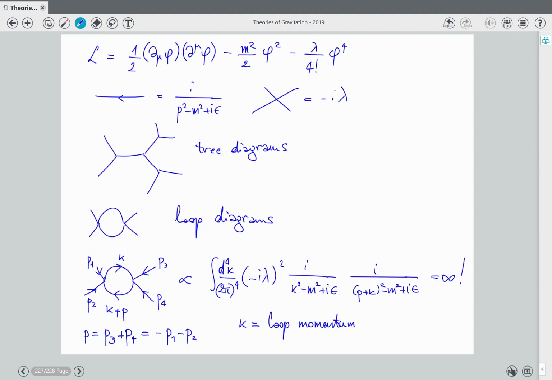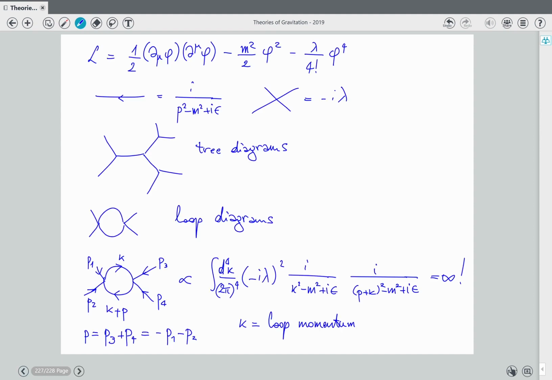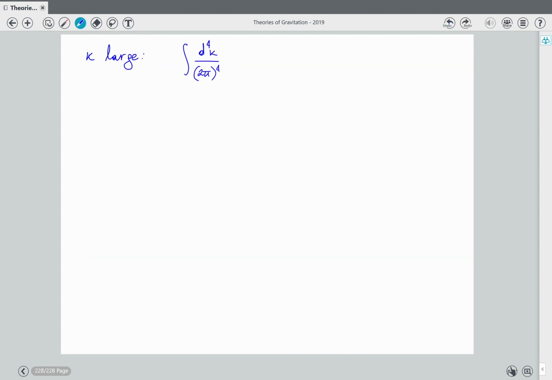What happens when k is large? This integral is the integral of d4k divided by (2 pi) to the fourth. And when k is large, k squared is large, you don't care what m squared is. It's finite, so you don't care if there is a p or not. The dominant term is k squared here, k squared there, and everything else is negligible, so you have 1 divided by k squared, 1 divided by k squared, so you have 1 divided by k to the fourth.